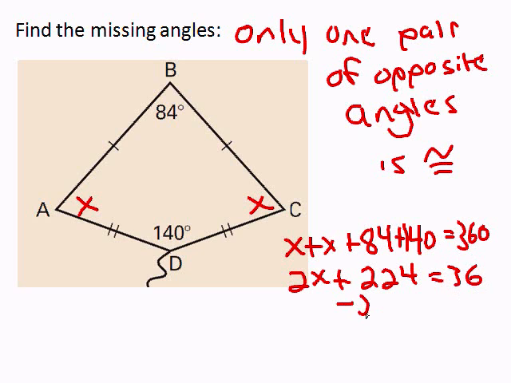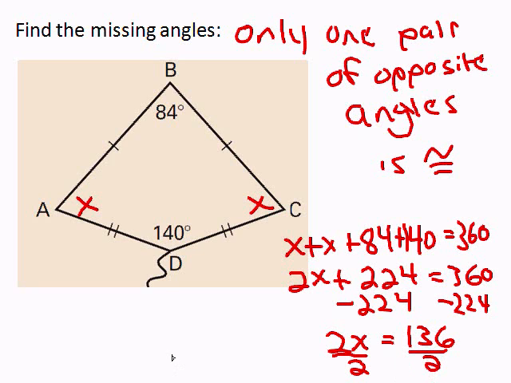We can continue solving this by subtracting 224 from both sides, giving us 2X is equal to 360 minus 224, which is 136. Divide both sides by 2, and we should get the angle measures equal to 68 degrees. You can always check your answer by adding 68 plus 68 plus 84 plus 140, and altogether it should give you 360 degrees.